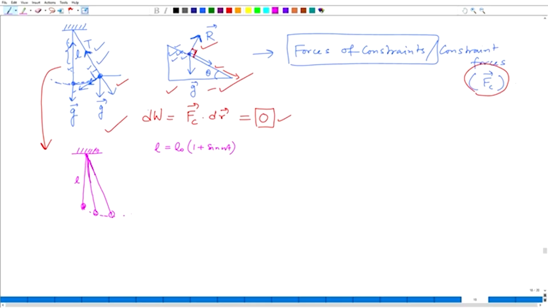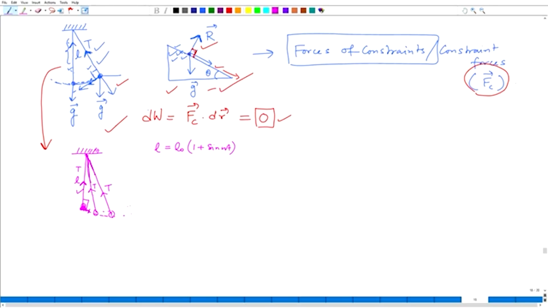And that is why you see that although in this position the tension was radially inward, here the tension is also radially inward. If you think that this particle is moving in the arc of a circle, then only this infinitesimal displacement would be perpendicular to this direction of the tension force, otherwise not.